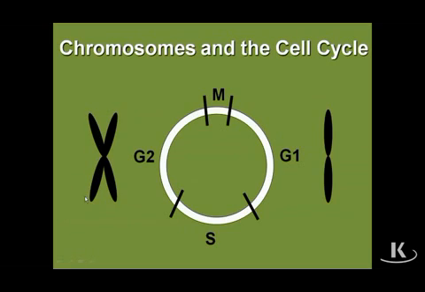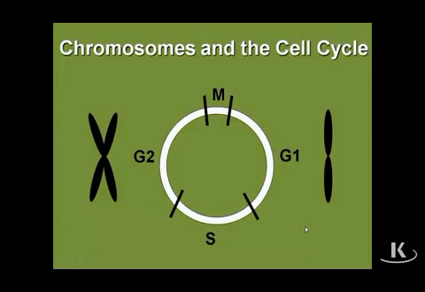So each half of this would represent a chromatid or a sister chromatid that would contain one of the DNA molecules. So a whole cell will have twice as much DNA in it in G2 compared with what it does in G1. So this is the reason we will sometimes see chromosomes drawn in these two different ways.